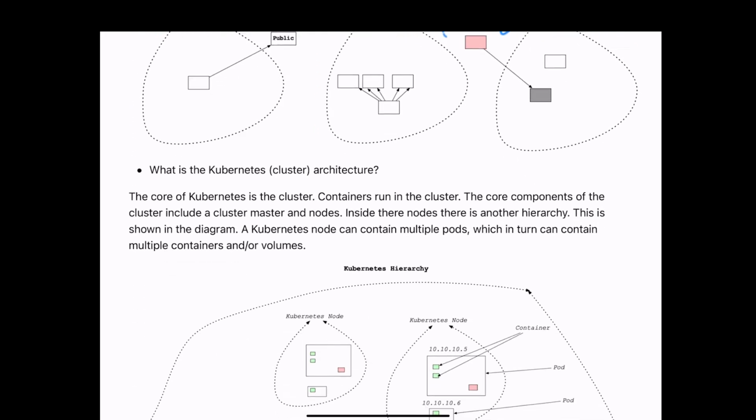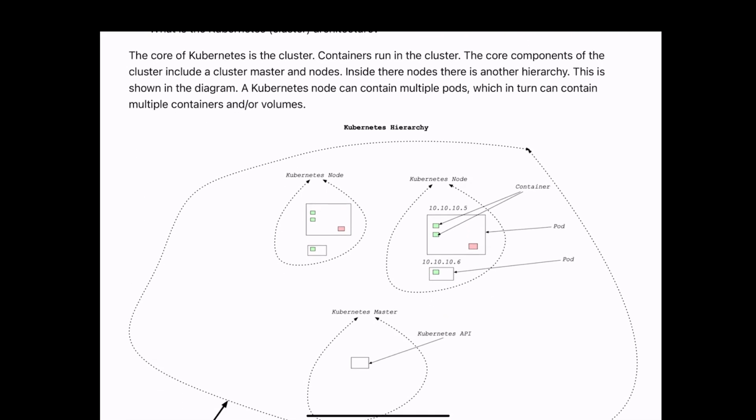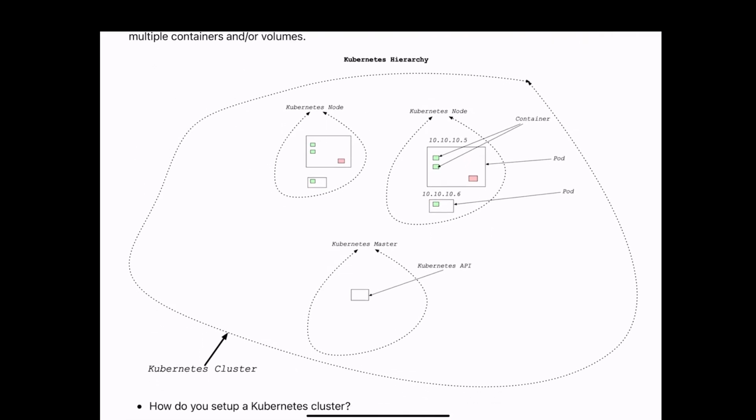So what is the cluster architecture? In general, it looks something like this, where your entire cluster, when you say cluster, there's a lot of stuff going on underneath the hood. And in particular, one of the things to be aware of is a node, right? So this is kind of the basic structure of a node, but let's dig into those details. So first up, we have actual containers themselves.